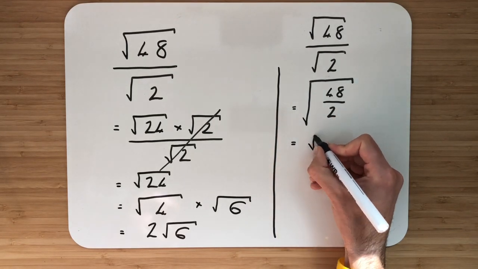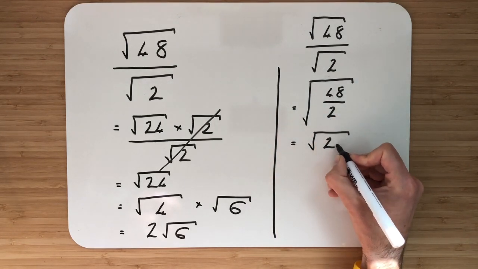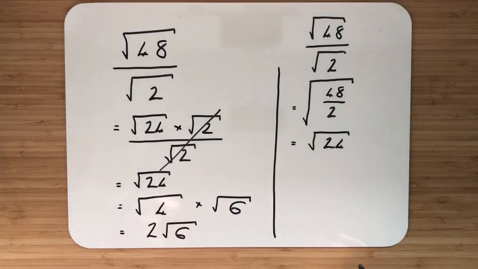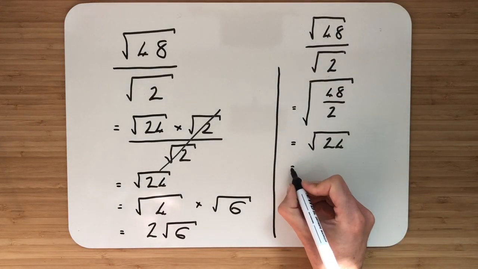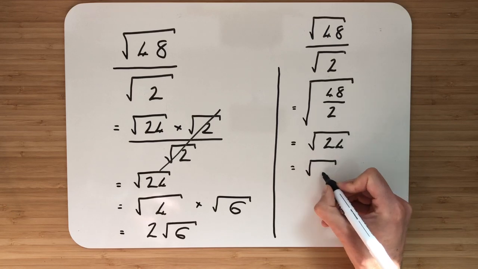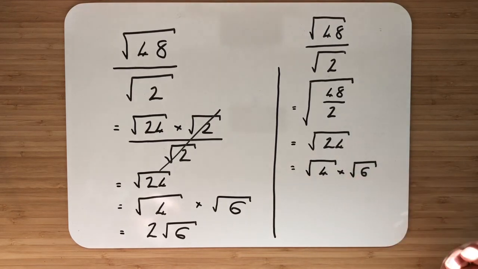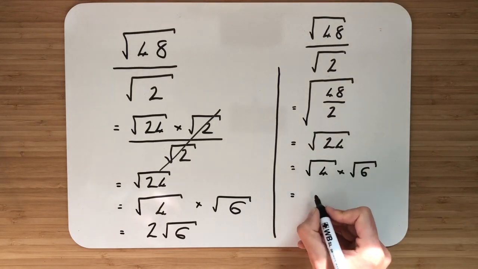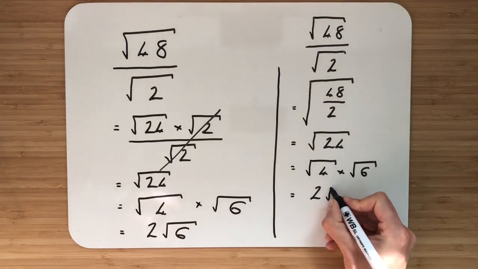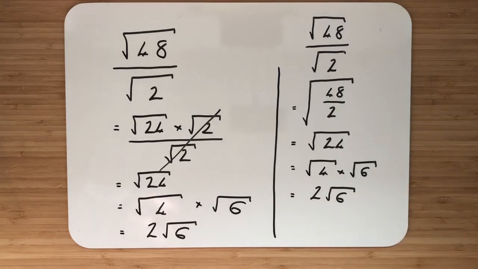That then makes that become the square root of 24, which is what we had here. Breaking that down, I then have root 4 multiplied by root 6, which I know is 2 root 6.